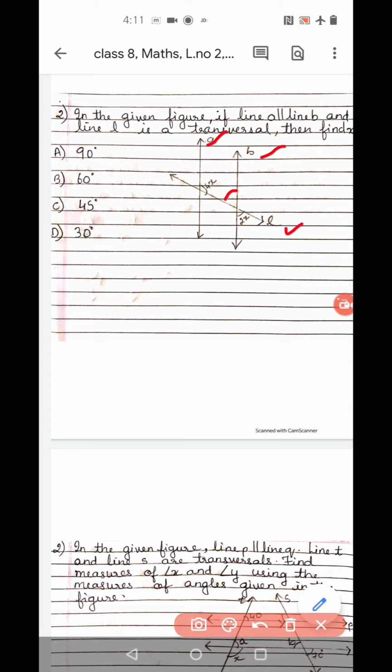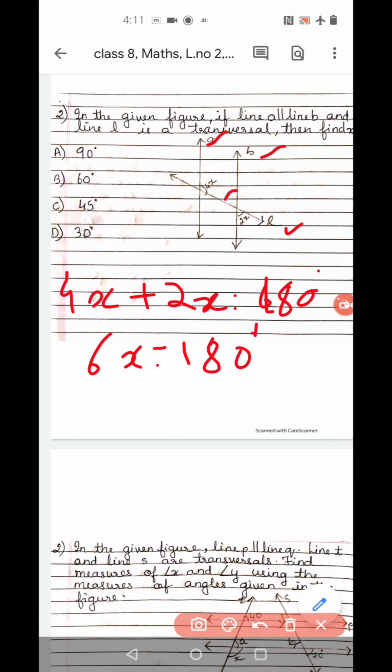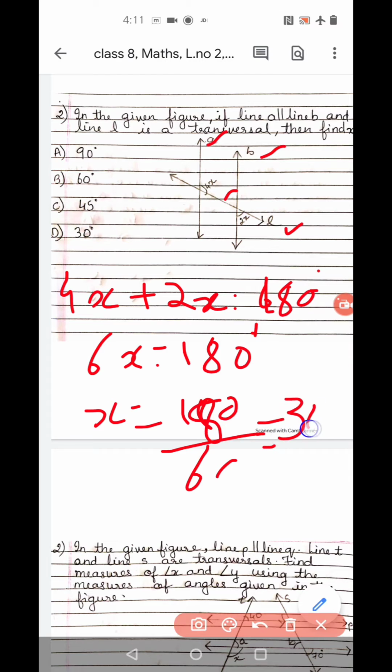So 2x and 4x now become interior angles. So 4x plus 2x is equal to 180 degrees. So we have 6x is equal to 180 degrees. So x is equal to 180 degrees upon 6, that is 30 degrees. So D is the option.